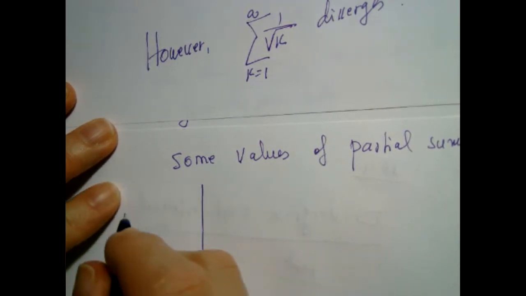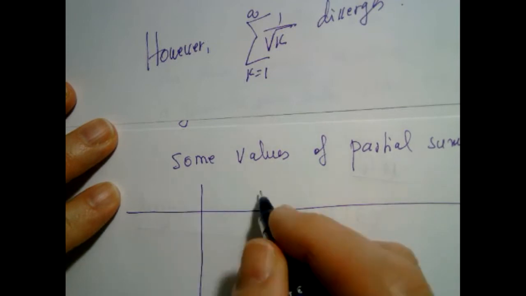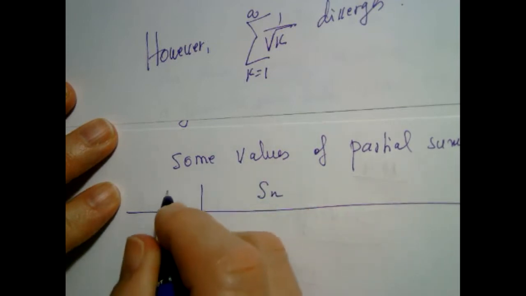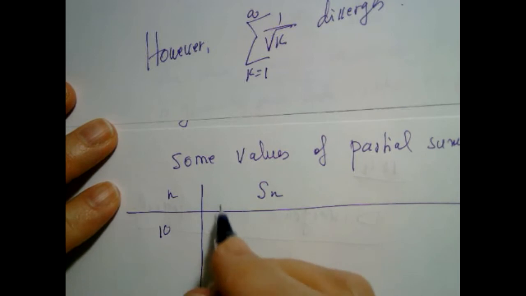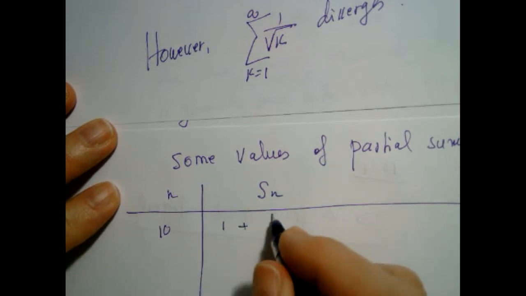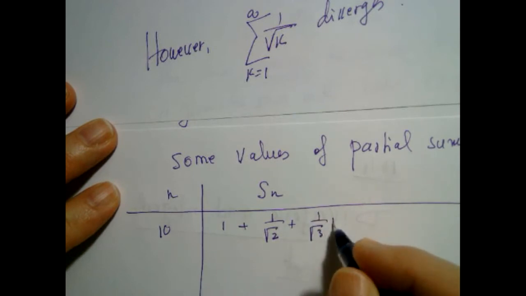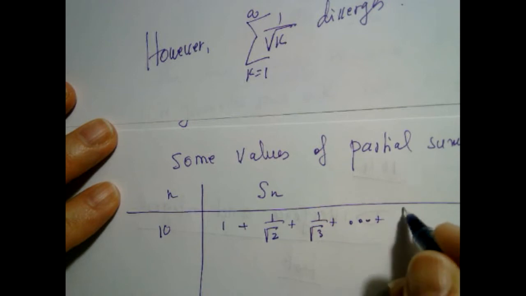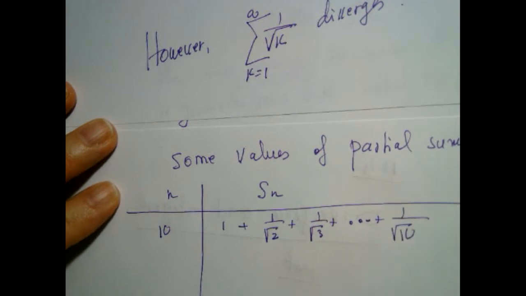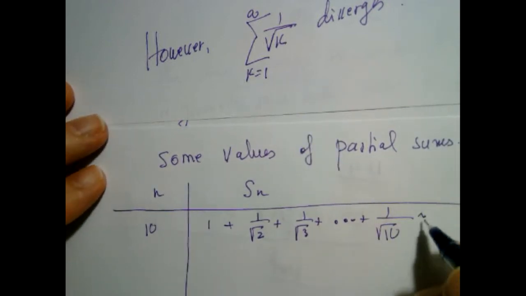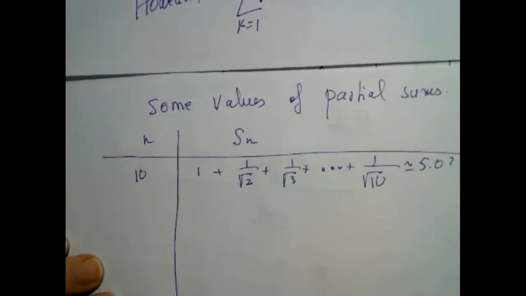So suppose I take the sums here, and I add the first 10 terms. It means I add 1 plus 1 over root 2, I just physically add them, up to square root of 10. If I add those, I get 5.02, which doesn't tell me anything.